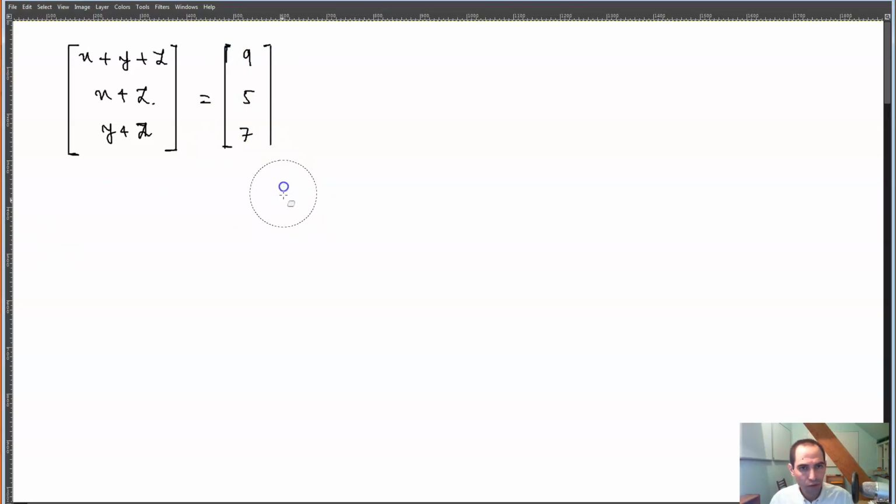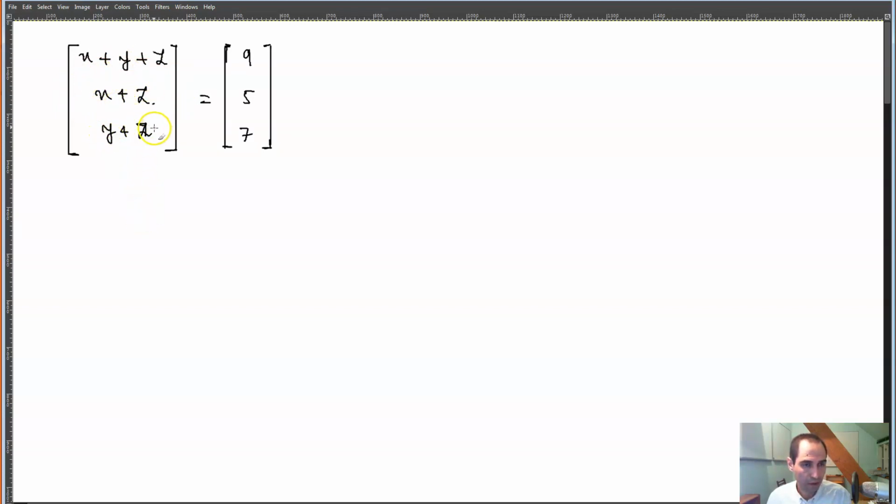In order to solve this, now this is a little bit tricky, because here you have 3 unknowns, here you have 2 unknowns. Here you can write x in terms of z, for example, or z in terms of x.